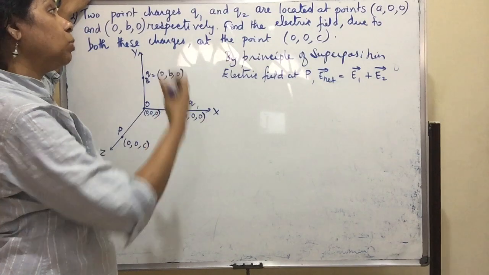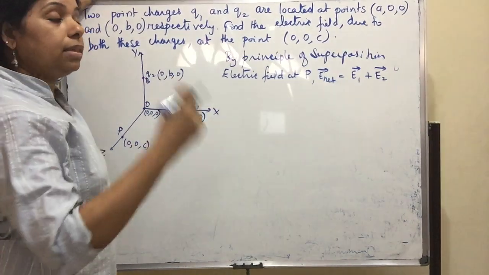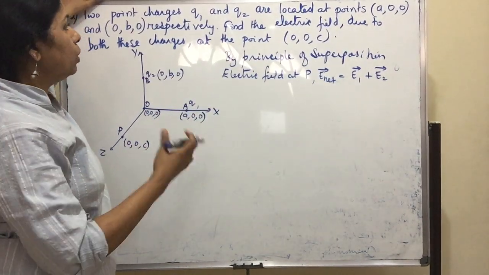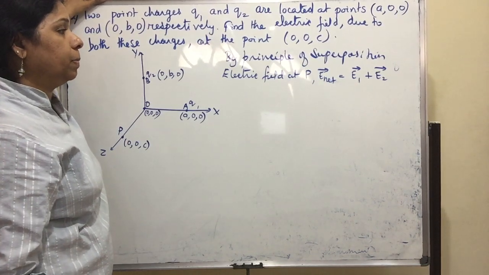If there were one more charge, you would just add plus E3 vector. We have only two charges, Q1 and Q2.